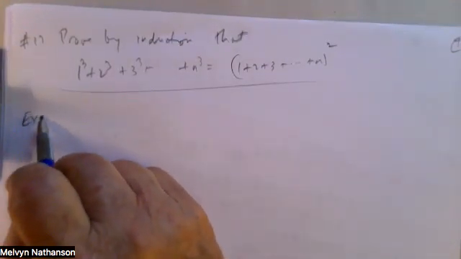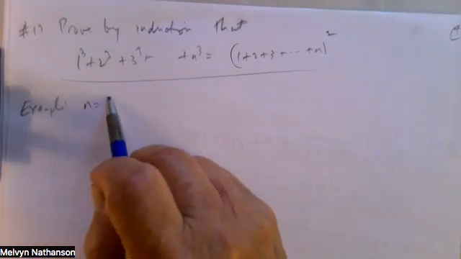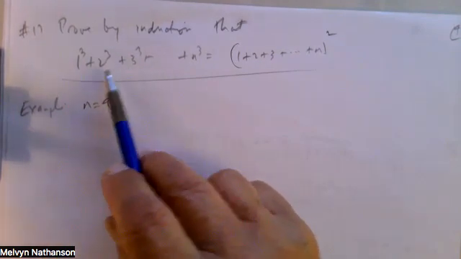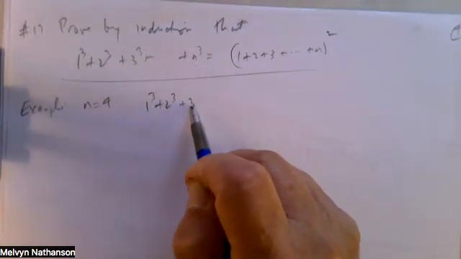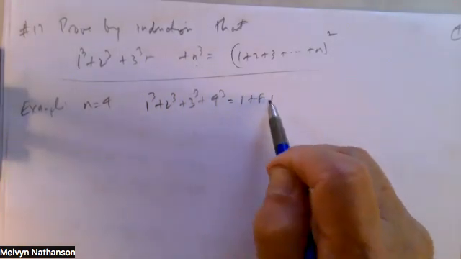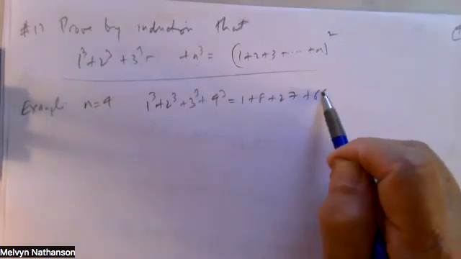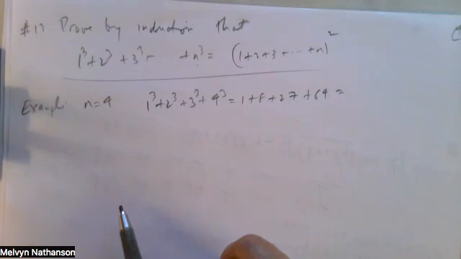So let's take an example. This is not a proof. This is just an example. You do this to convince yourself that the statement is true. Suppose n is 4. So on the left-hand side, I have 1 cubed plus 2 cubed plus 3 cubed plus 4 cubed. That's 1 plus 8 plus 27 plus 64. If you add that up, what do you get?